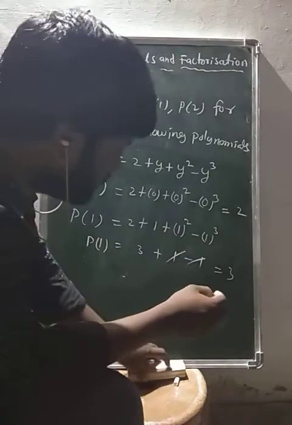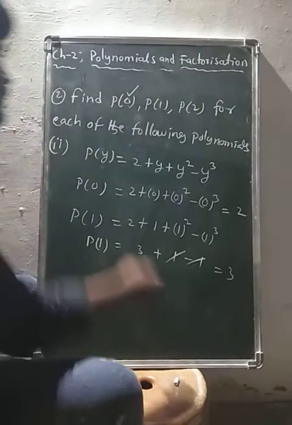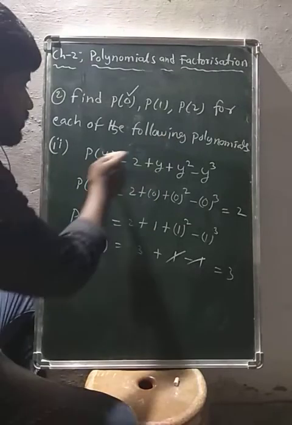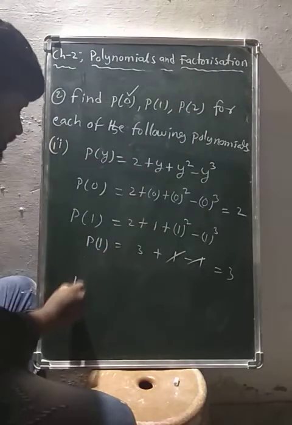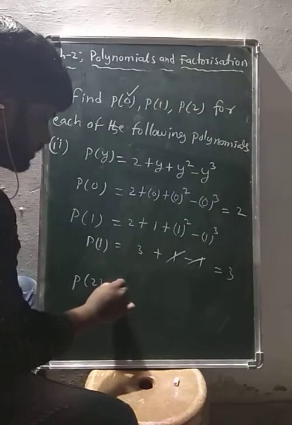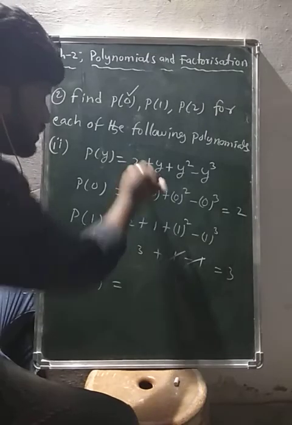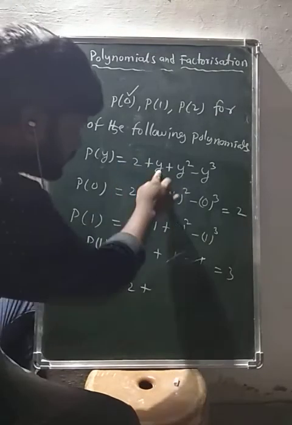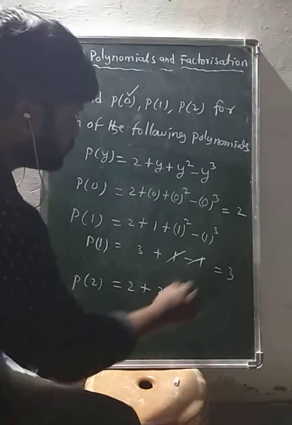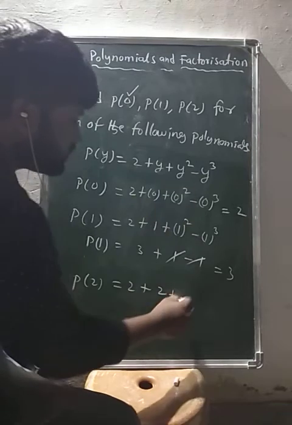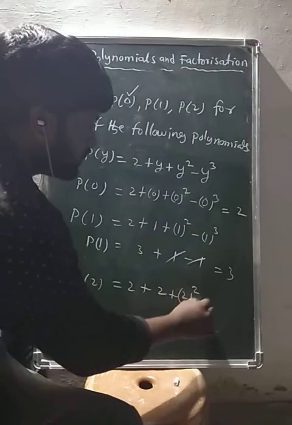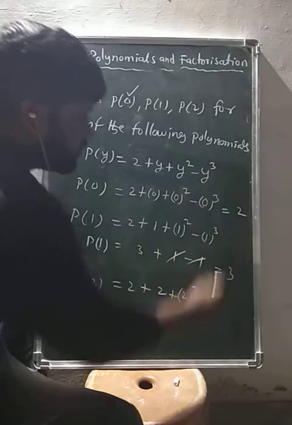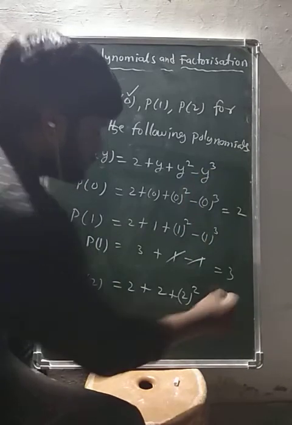In the same manner, I replace y with 2. So P of 2 is equal to 2 only, plus y means 2, plus y square means 2 whole square, minus y cube means 2 cube.